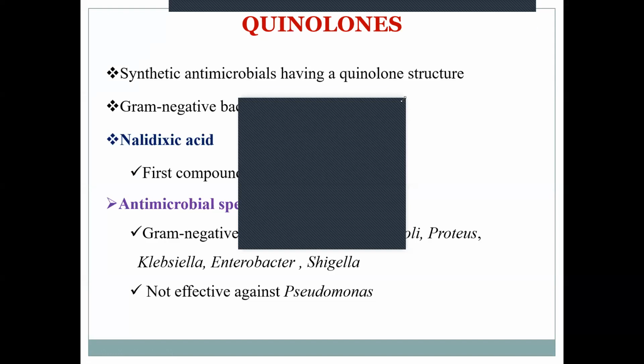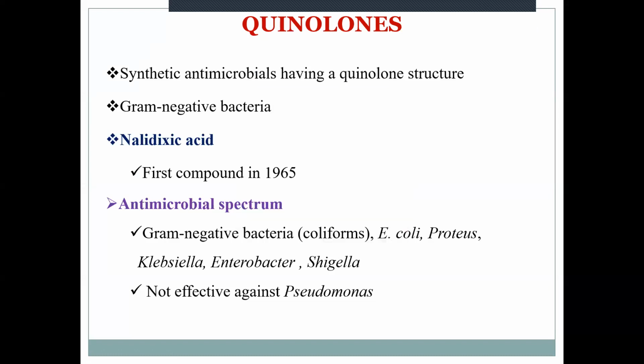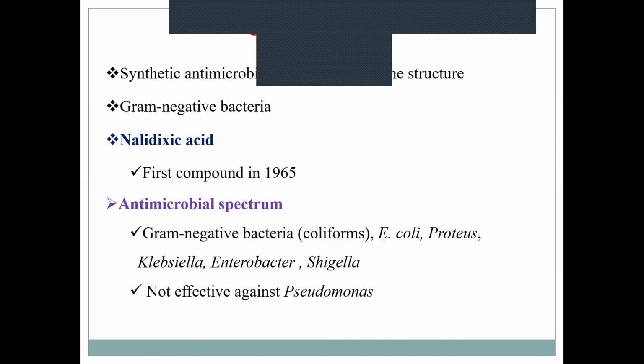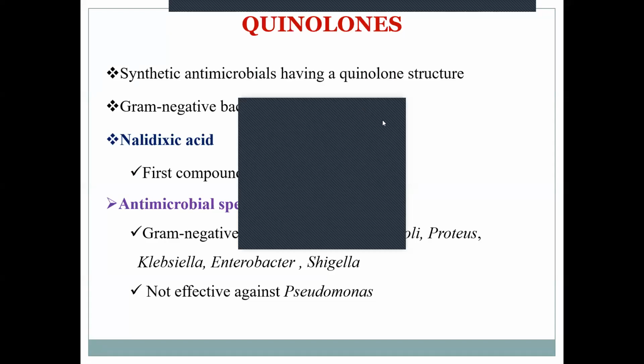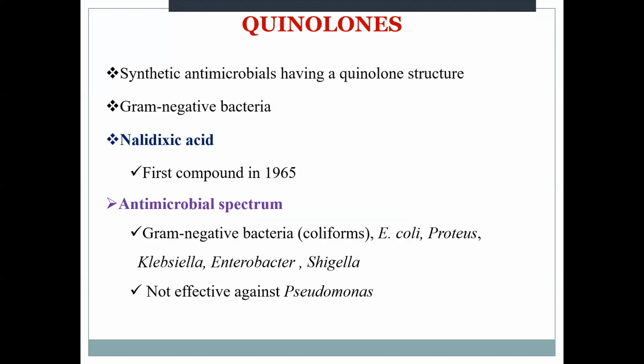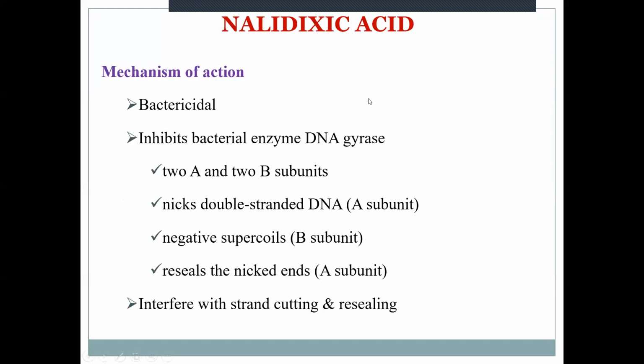Since these infections were rising at that time, around 1965, nalidixic acid was found to be effective. It was effective for gram-negative, but it had certain limitations.